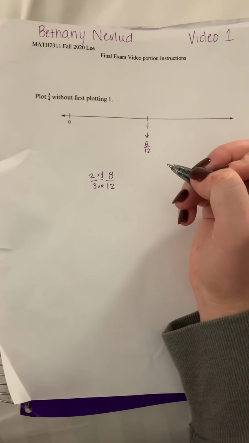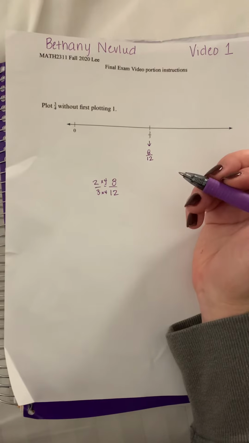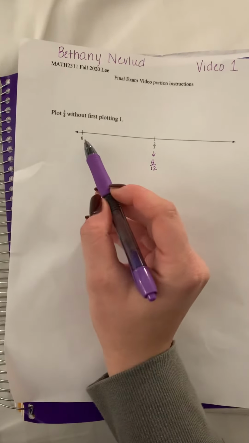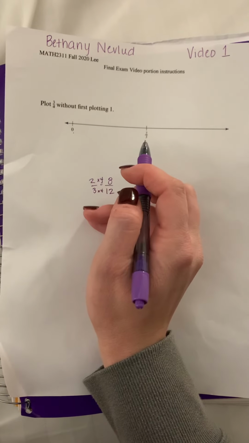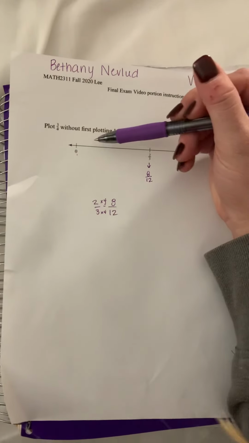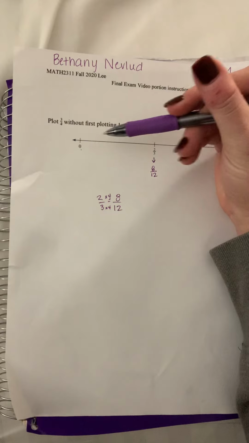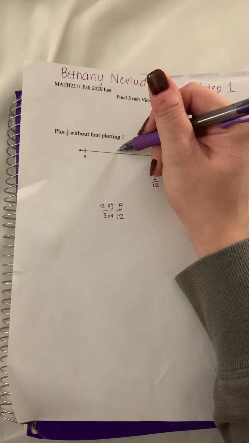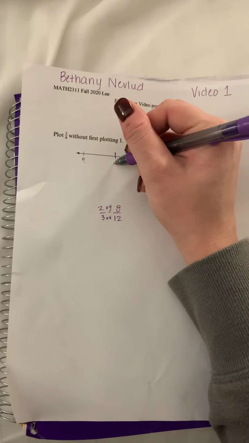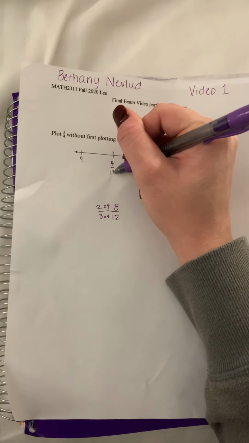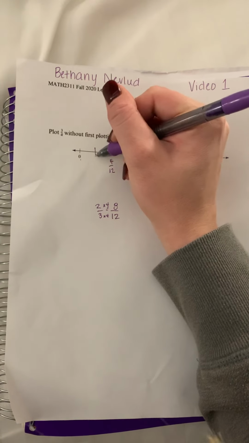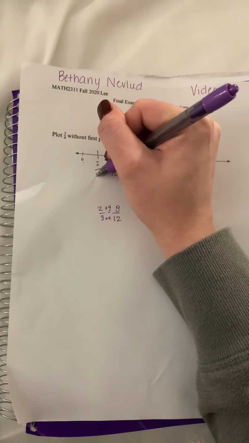Okay, so regardless of where 1 would be on this line, we know that from 0 to 8/12, there's got to be 8 equal parts in between here. So here's about halfway, which would be 4/12. And then in between here is 2/12.